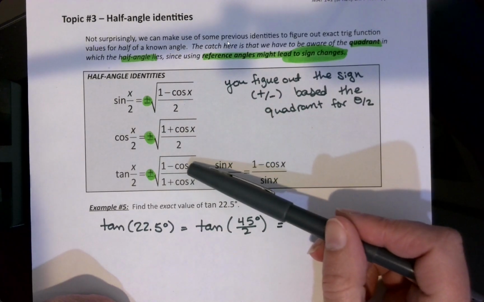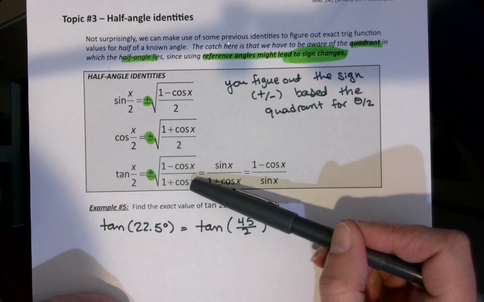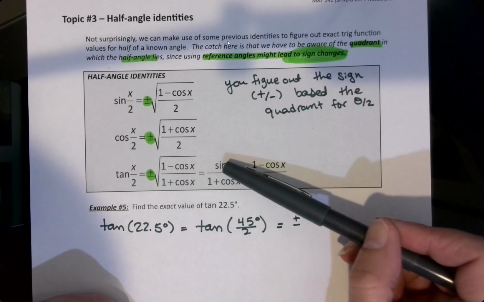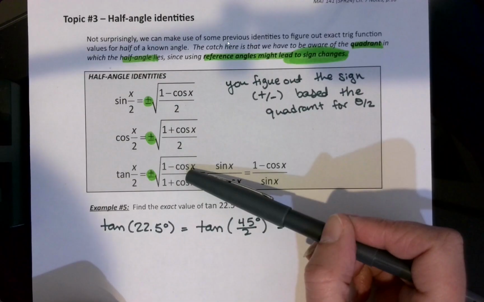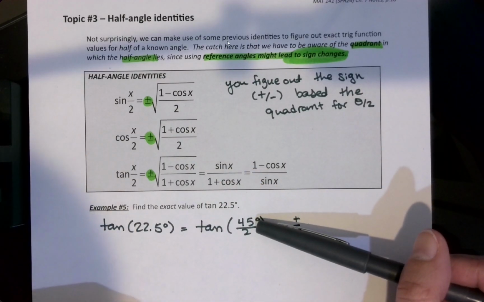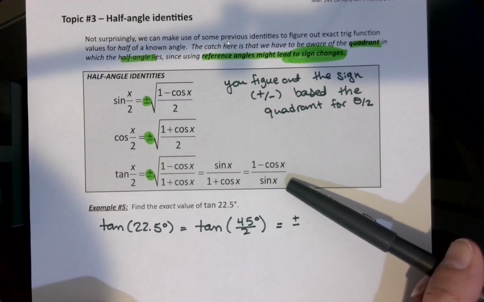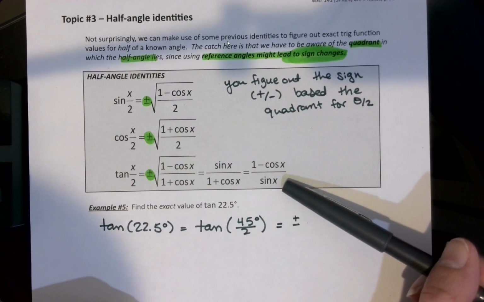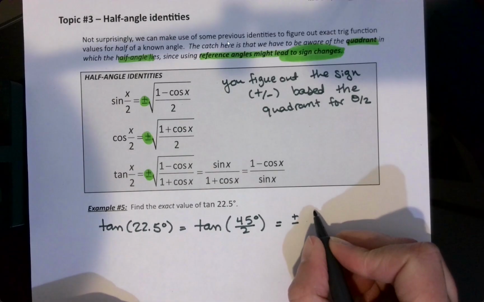The advantage of the square root is that it only relies on the cosine function. And so if I didn't know the sign, then perhaps it would be easier for me to use this one. But for 45, I know both the sine and the cosine, so let's go with one of the other two. I'm going to go with the last one just because it has a single fraction. The denominator is going to make it easier for me to rationalize the fraction. So I'm going to choose to use that last one.